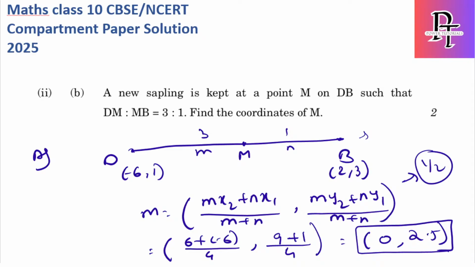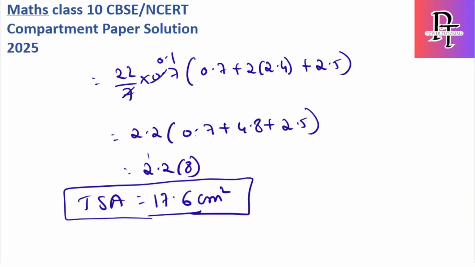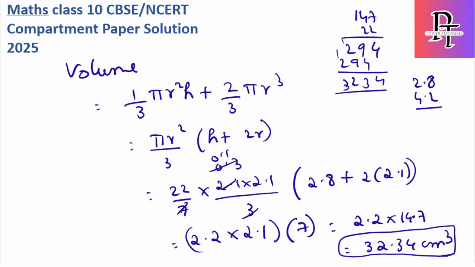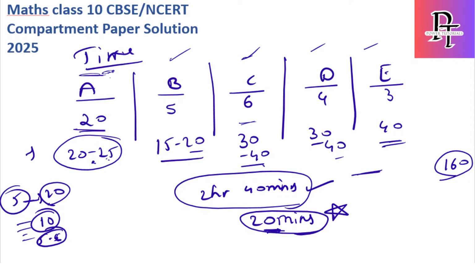For the last part, I'll repeat the time constraint scenario which we discussed before solving section E questions. Time management is very important for your exam, so I will repeat this time management concept again.